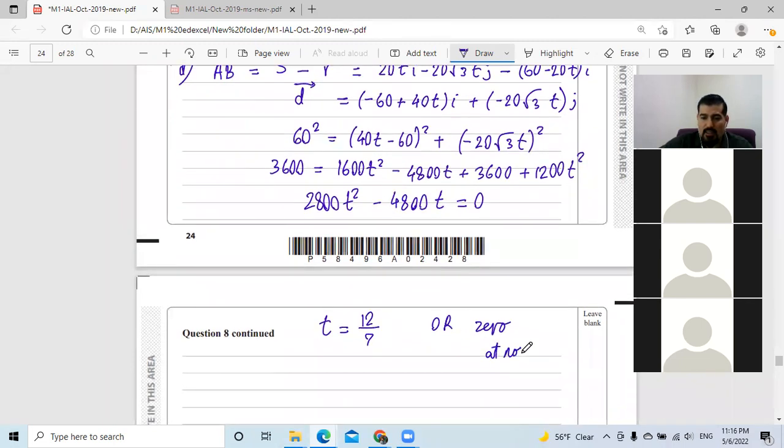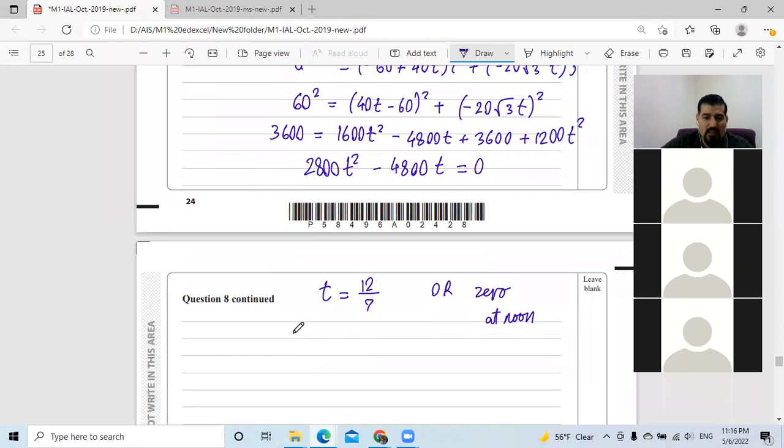They ask for after noon to the nearest minute. So 12 over 7 plus 1200 in Navy time. What will be the answer by using the calculator? It will be 1343. That means it's 1:43 p.m.